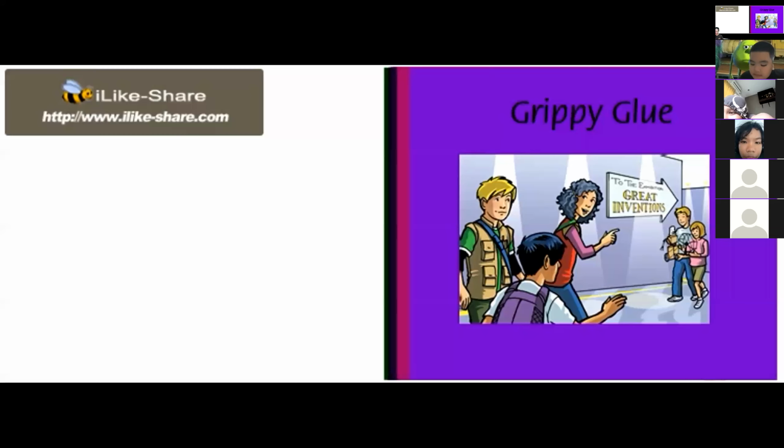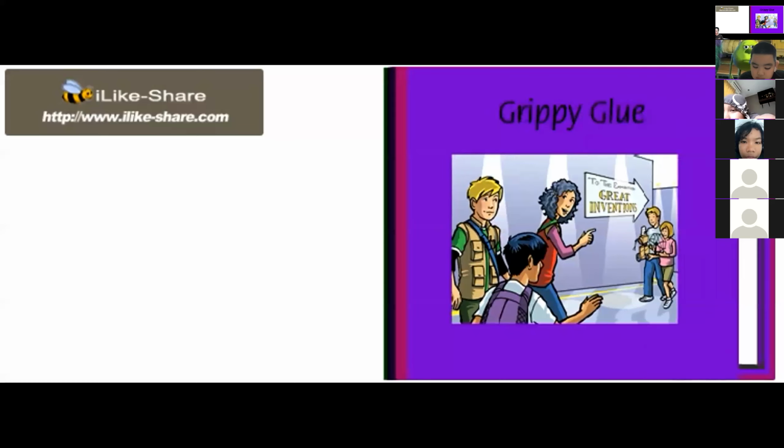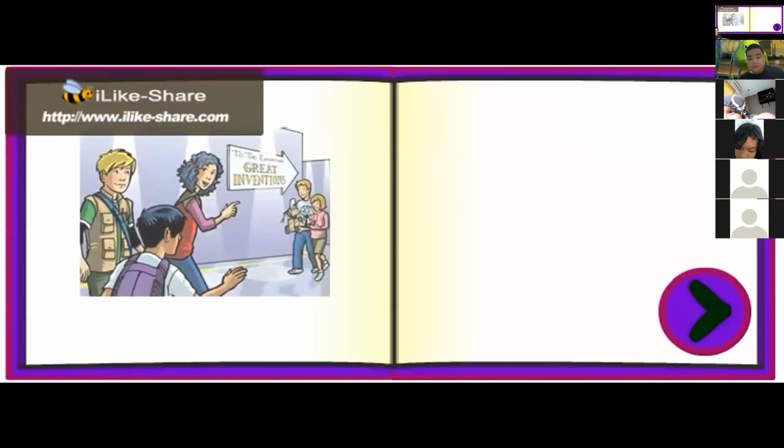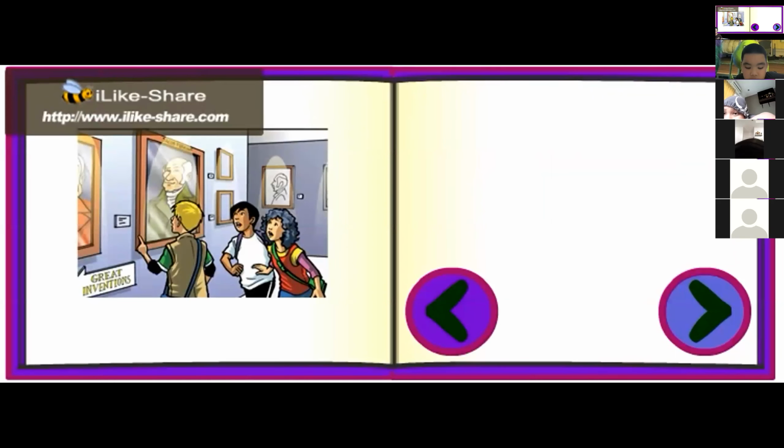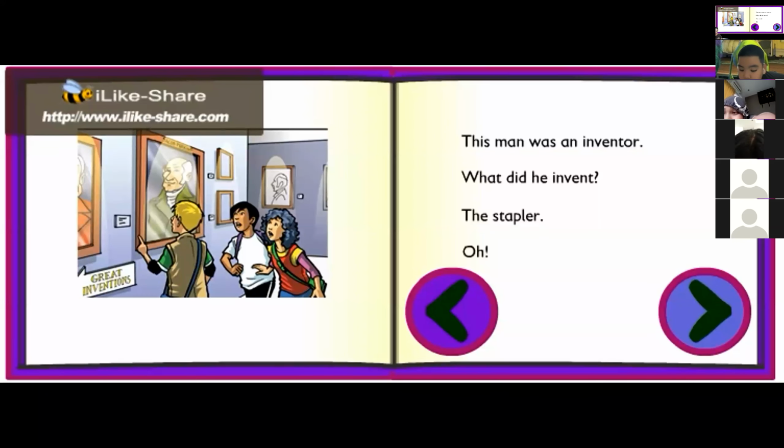Grippy glue. At the museum. Come on, let's look at the exhibition. It's about inventions. This man was an inventor. What did he invent? A stapler. Oh.